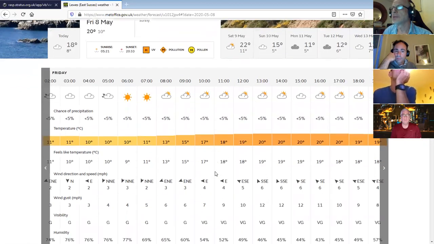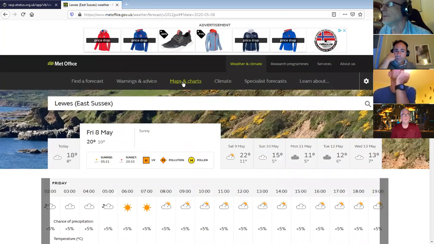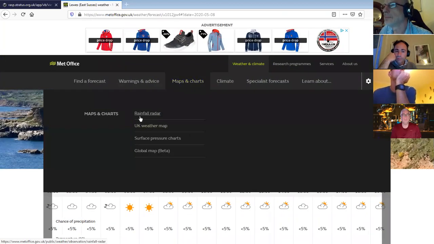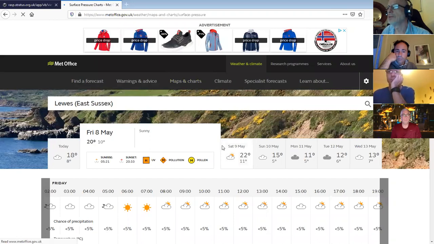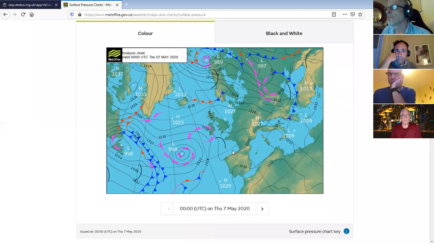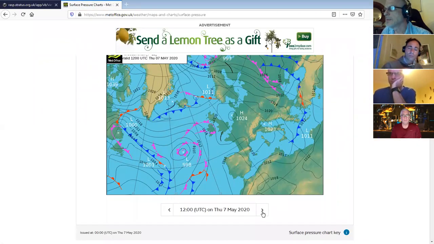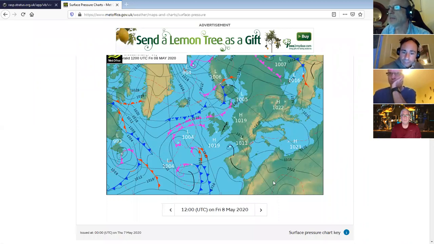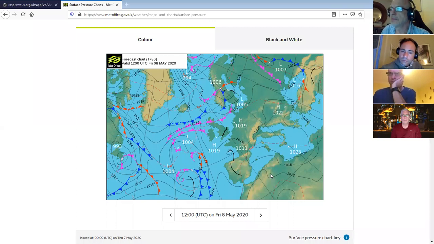So let's now look at the synoptic for tomorrow. So the pressure chart. So that's Thursday. Right, so this is basically Friday, tomorrow lunchtime.